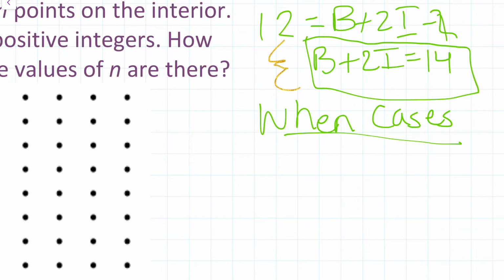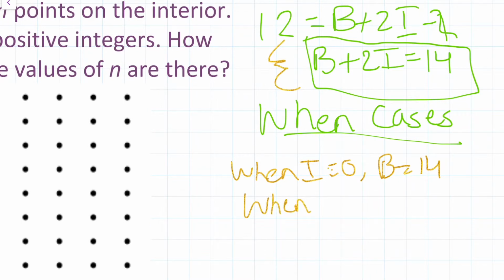When I equals 0, then B will be equal to 14. When I equals 1, B equals 12. I recommend you try these on your own.